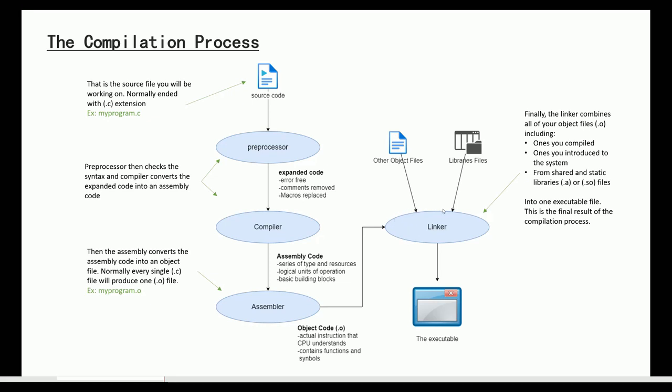So you see the other object files and library files, .a or .so, will all be fed into the linker process and finally produce your executable. Okay, so basically that's a very brief flow of how the compilation process works.